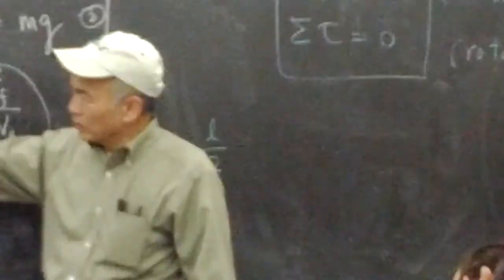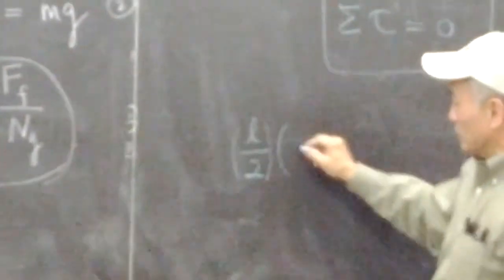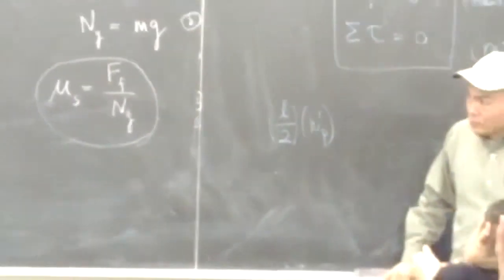Torque from the weight is half the length, that's the R, times the weight, times the sine of an angle. So let me ask you what angle that is. Okay, 55 degrees.